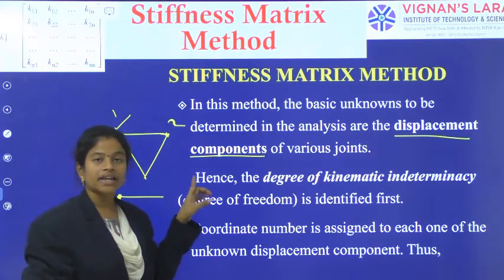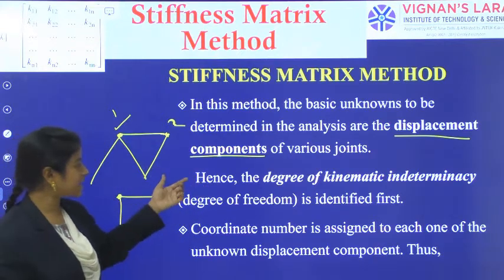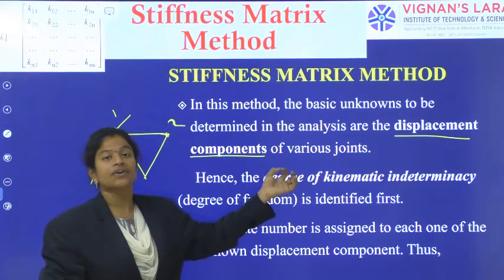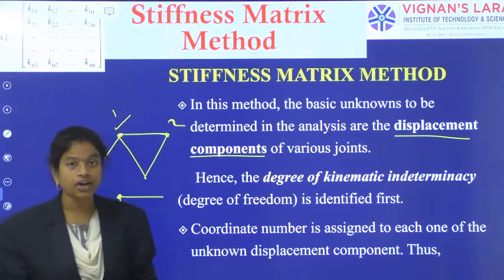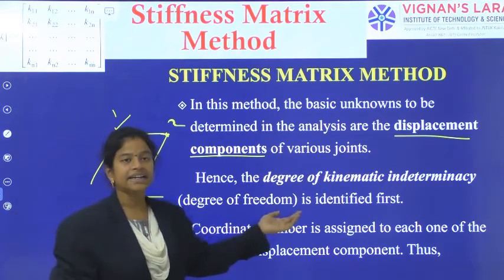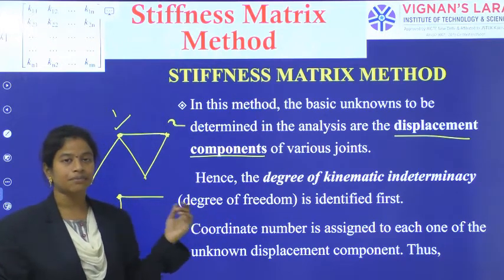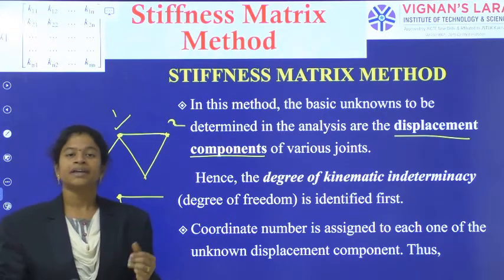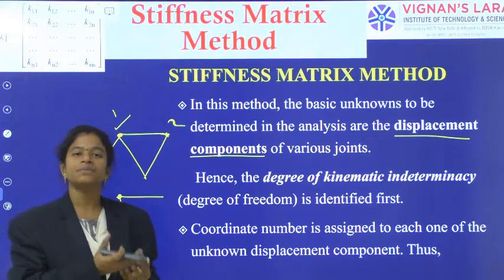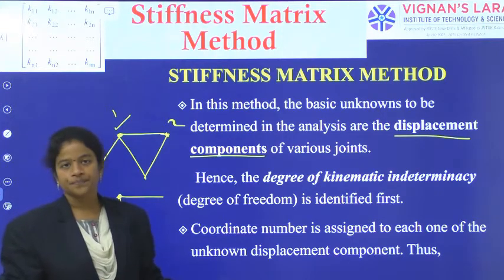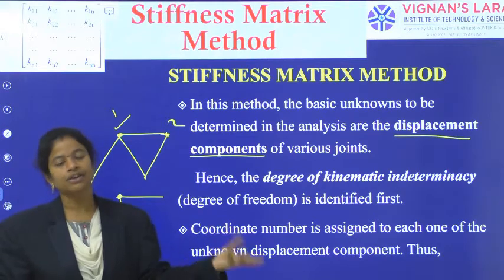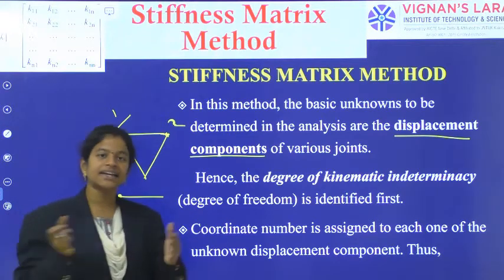The coordinates will be given for the displacements, and hence the degree of kinematic indeterminacy, or the degree of freedom, should be identified first. Displacement is possible only when it is free: when it is free to rotate, it will rotate, and when it is free to translate, it will translate.